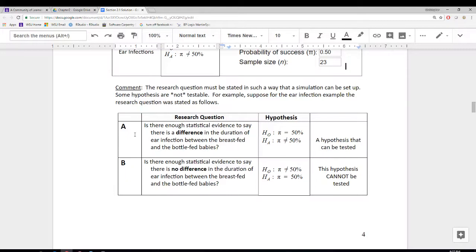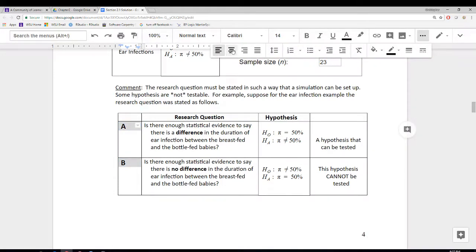In version A, provided here, the research question was the one that we considered up above. Is there enough statistical evidence to say there's a difference? We set up the hypothesis as I'd done up above, with the parameter value being 50% in the null hypothesis, and the parameter value being something different than 50% in the alternative hypothesis.